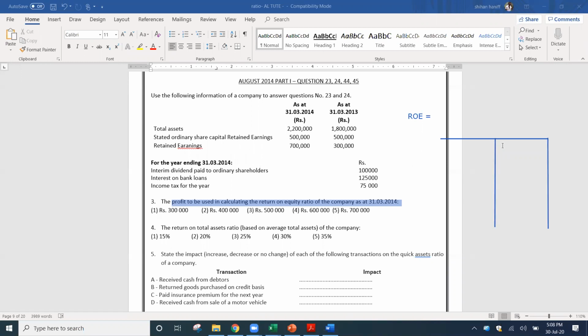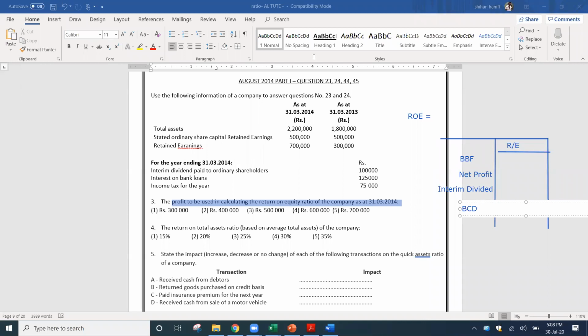It has retained earnings, the opening balance brought forward, and the net profit. If you have any interim dividend, that will be deducted, and the balance carried down.